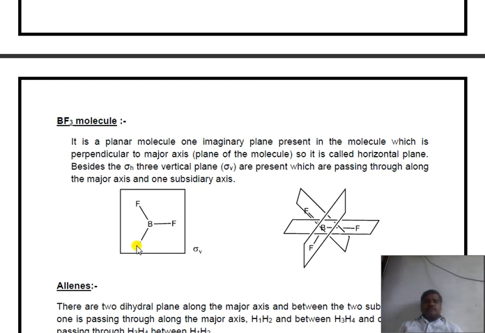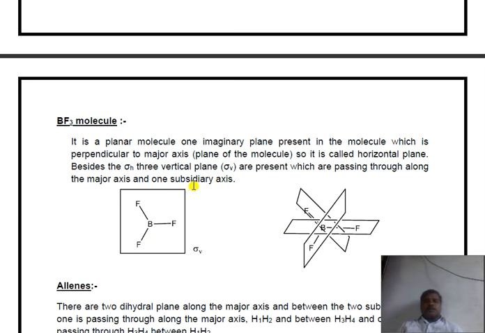Second molecule, BF3. BF3 is a planar molecule. In this, C3 is the principal axis, which passes through boron and is perpendicular to the plane. It also has a plane of symmetry perpendicular to the C3 axis, so it has sigma h, and also planes parallel to the principal axis.